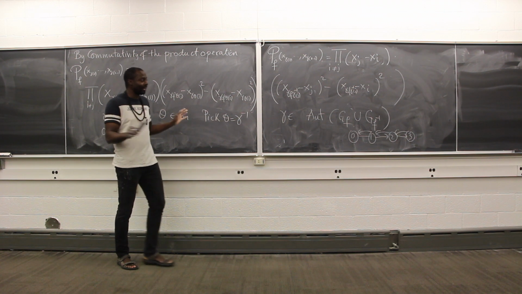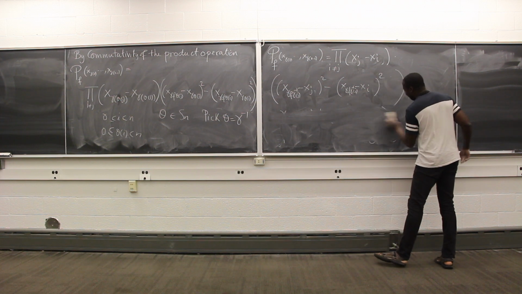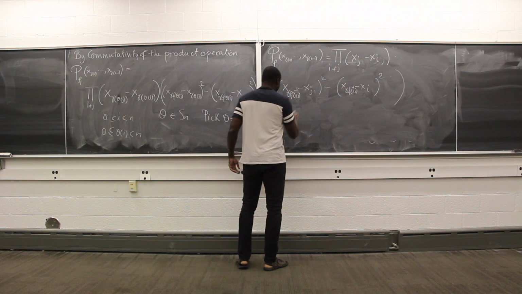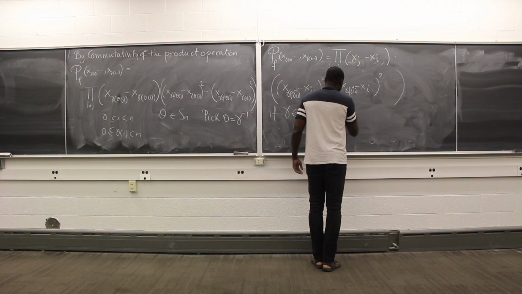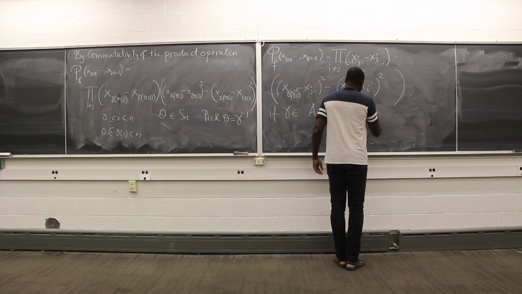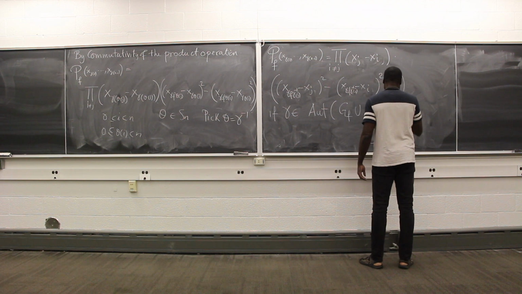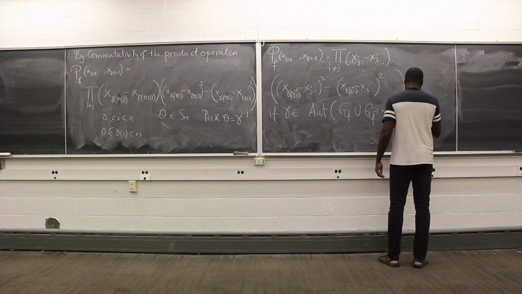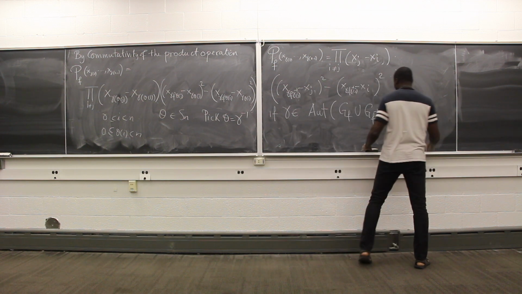Okay, I haven't proven that. All I've proven, at this point, is the following statement. That if gamma is in the automorphism group of GF union GF inverse minus the fixed points, the loop edges, in this case, if there are loop edges, you remove them.